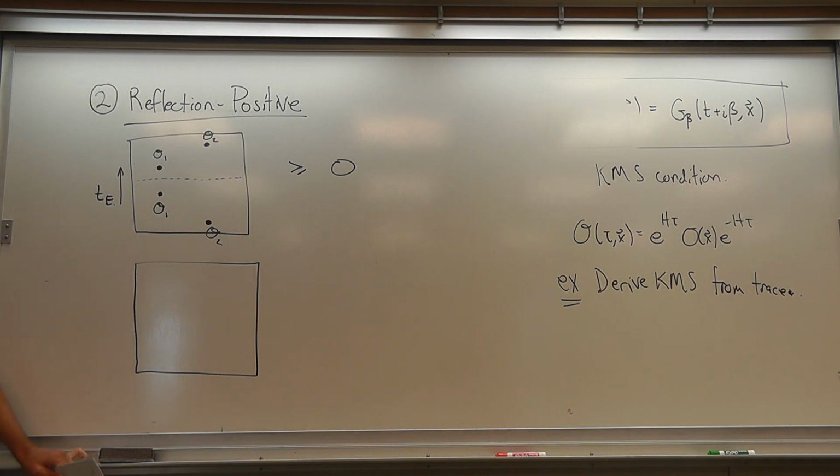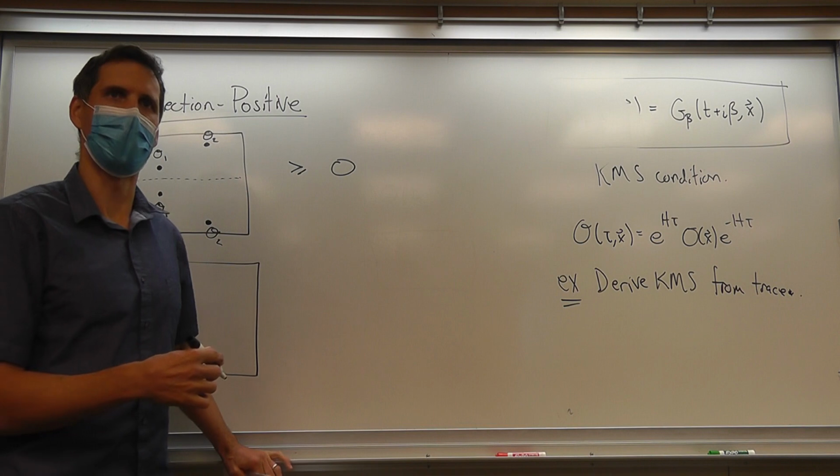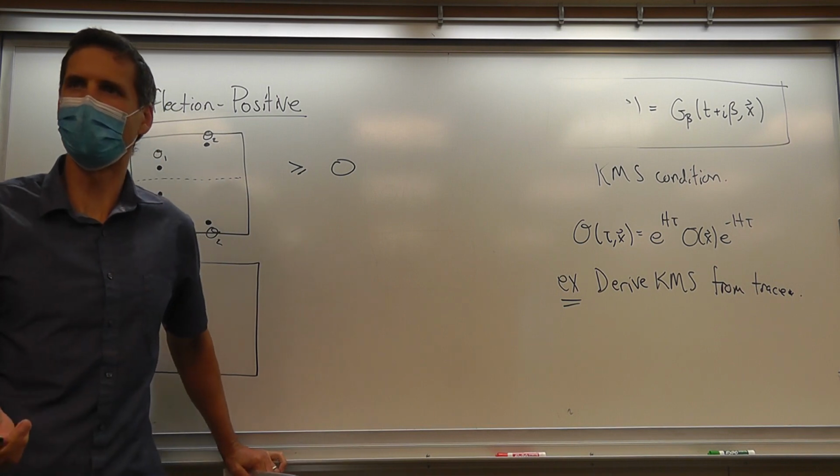But a useful thing to keep in mind is that when we do Euclidean quantum field theory, nobody tells us which way is the time direction. All directions are created equal.